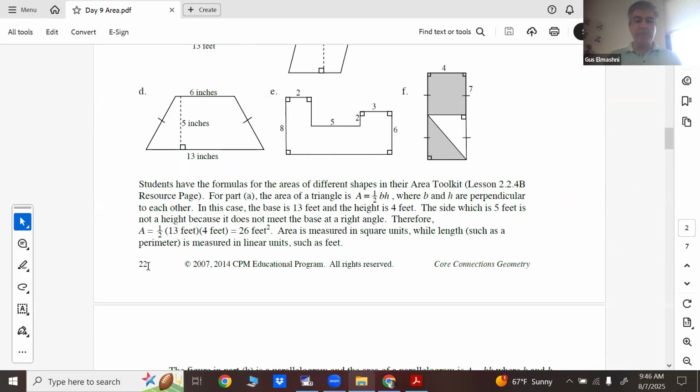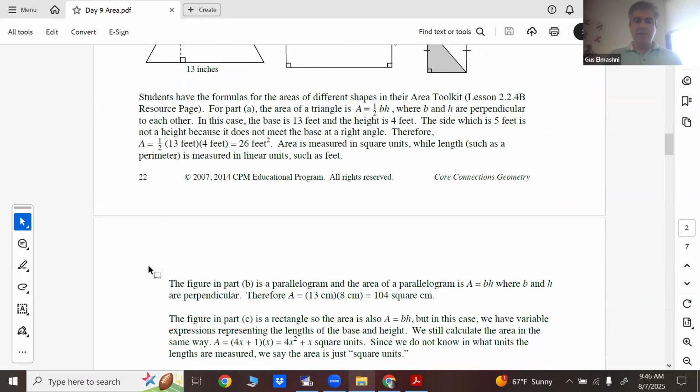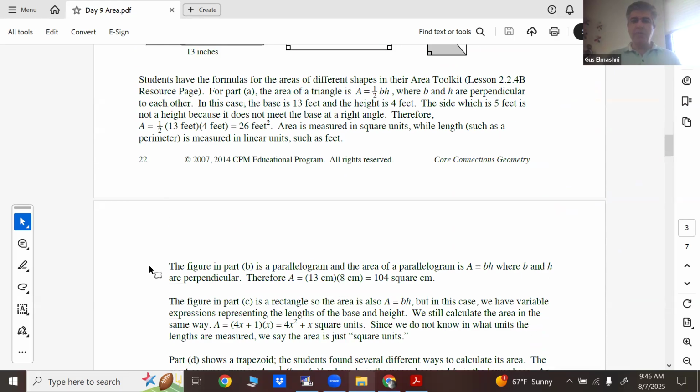But yeah, okay. So if someone can read the bottom. Evelyn, can you read the bottom of that page where the students have the formulas? For part A, the area of the triangle is A equals 1/2 BH, where B and H are perpendicular to each other.